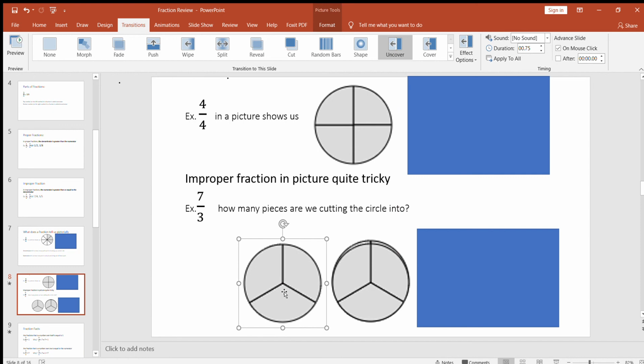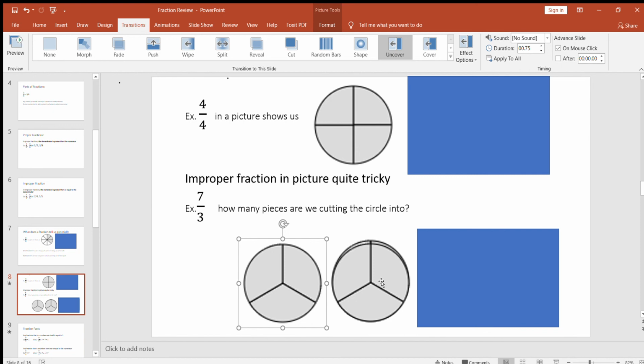Now let's think critically. Now that we have 2 pizzas cut into 3 slices each, do we have enough slices for 7 slices? Let's try counting. 1, 2, 3, that's 1 pizza. 4, 5, 6, that's the second pizza. Are they enough to cover 7 slices?